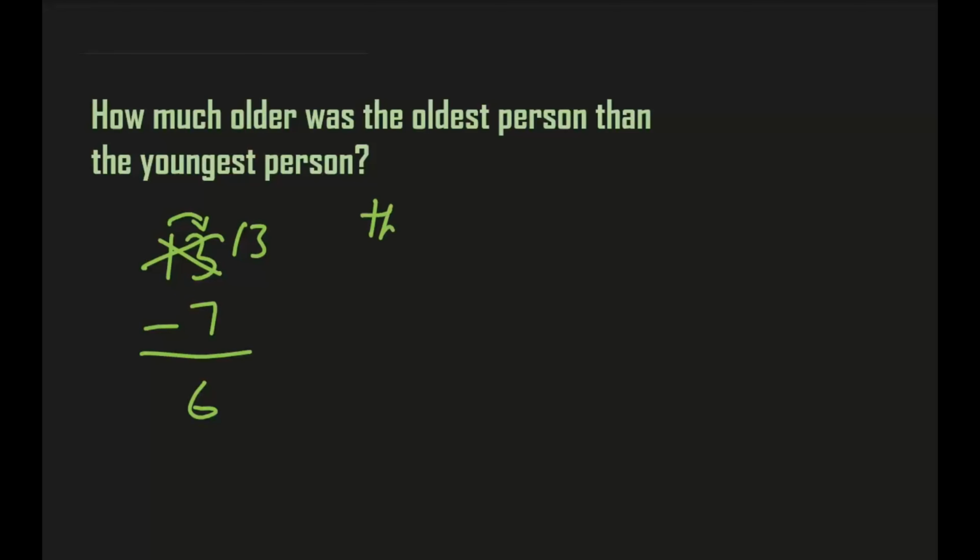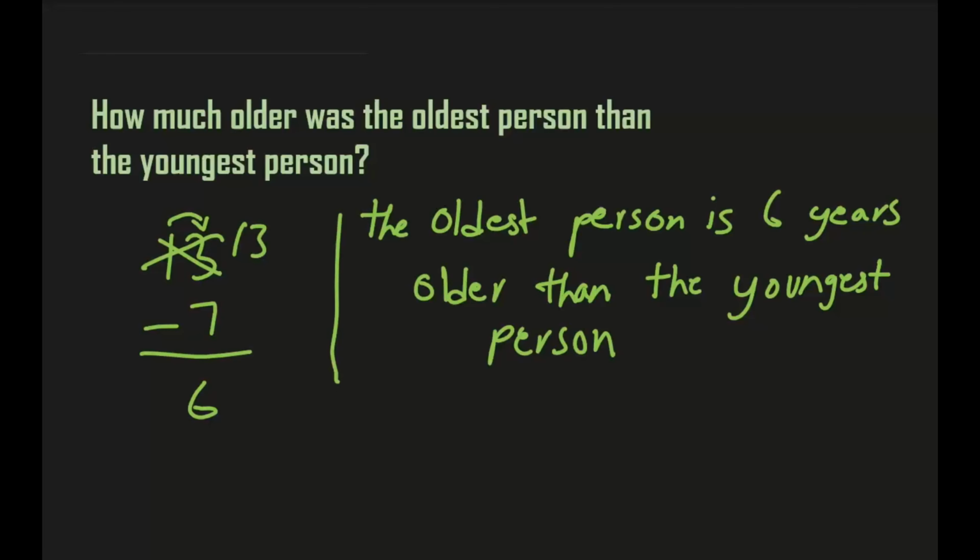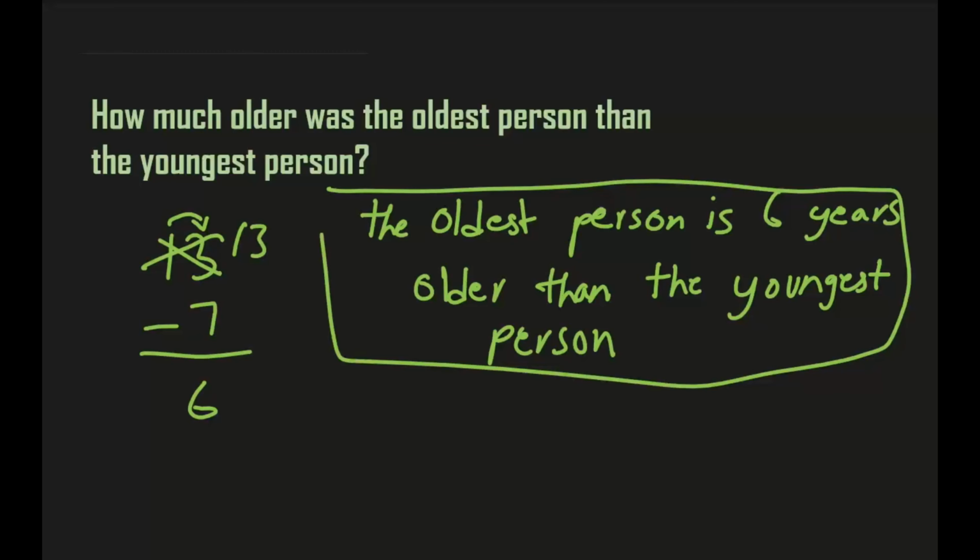The oldest person is 6 years older than the youngest person. That's our answer. You can box that.